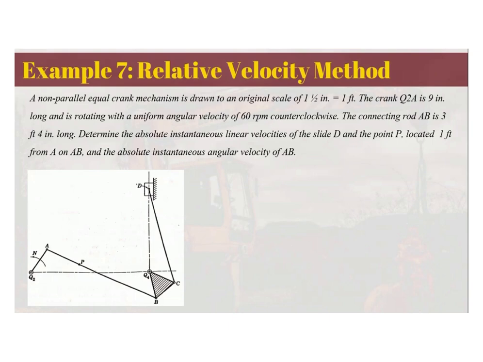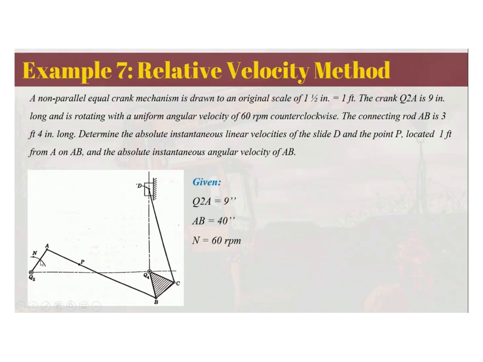To determine the absolute instantaneous linear velocities of the slide B and the point P located 1 feet from A on AB, and the absolute instantaneous angular velocity of AB. So we are given the length Q2A that is 9 inch, the length of AB that is 40 inch, since 3 feet is 36 inch plus 4, so that's 40 inch.